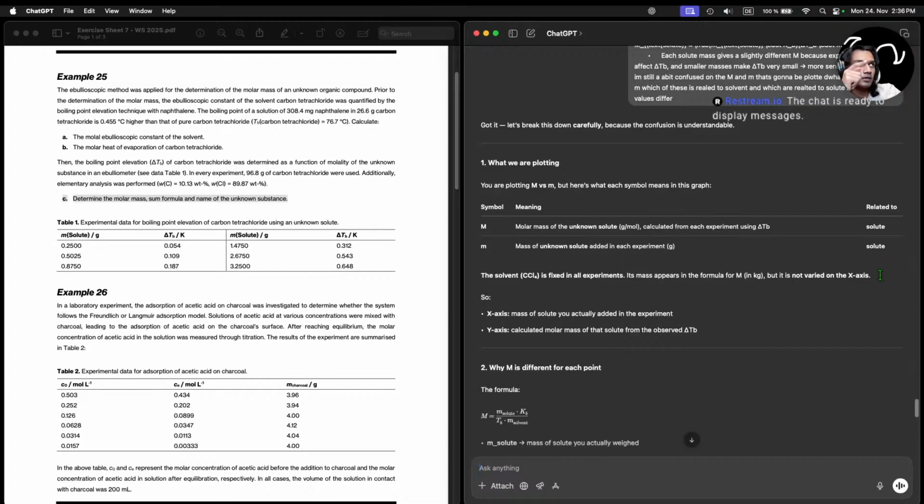So we're adding this value to a fixed amount of carbon tetrachloride. Mhm.